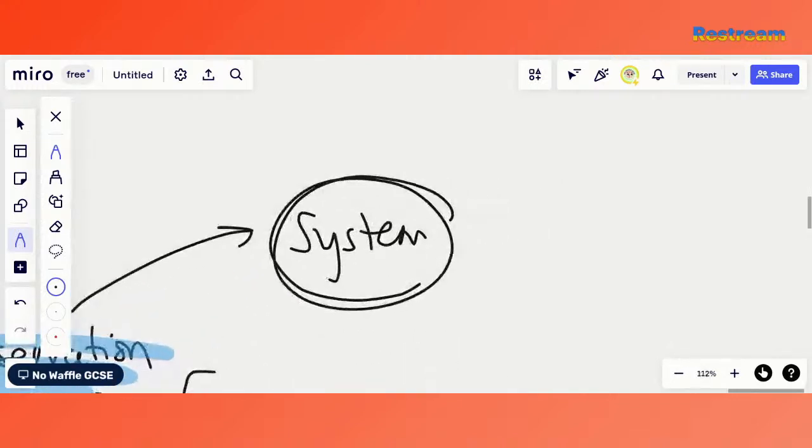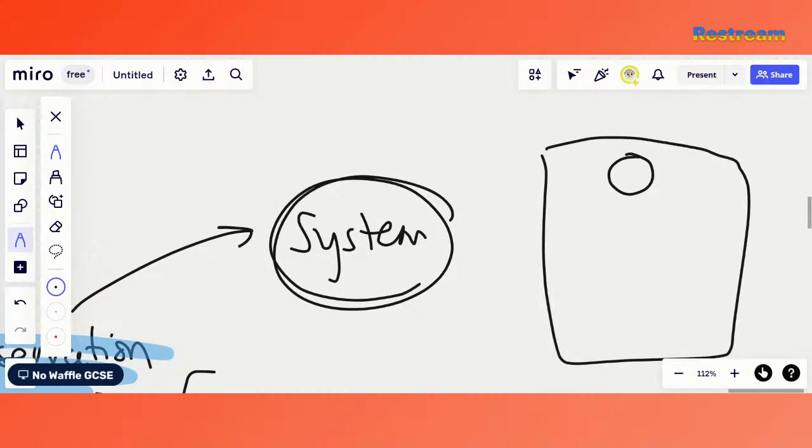So say if you wanted to investigate a ball in the air, then your system will be the ball and the air. If you did not want to look at the impact of the air, then you'll have to do it in a vacuum where there's just the ball. So a system is a fancy word for the objects that you're interested in.